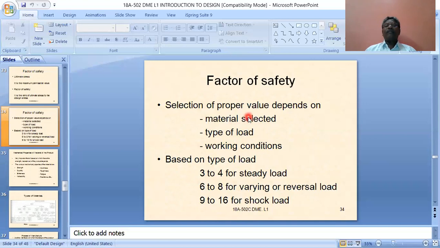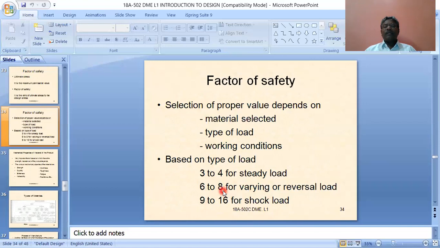These are the three main factors on which the selection of factor of safety depends. Here are some examples based on the type of load: the factor of safety ranges from 3 to 4 for steady load, 6 to 8 for varying or reversal loads, and 9 to 16 for shock loads.